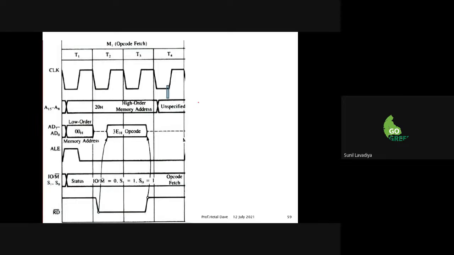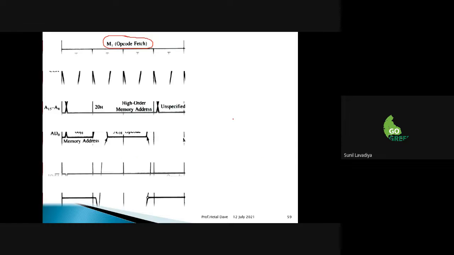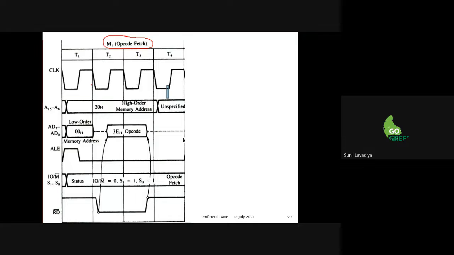So in this one, as you are aware, it's MVI A, 32. So what first step do we have to do? Opcode fetch. So what is the opcode here? The MVI instruction is your opcode. So we will fetch the opcode.